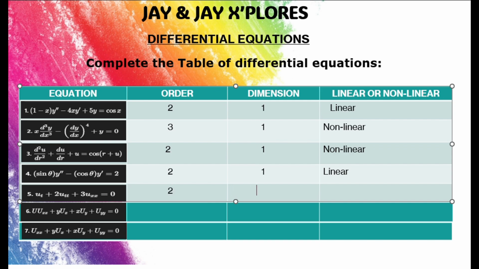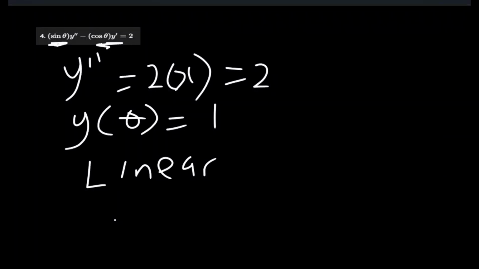Okay, so for the order we have 2. For our dimension we had 2 as well. That was the space and then the time. Then for the linearity, we could see that the equation is a linear equation. Yes, so let's look at our next equation.